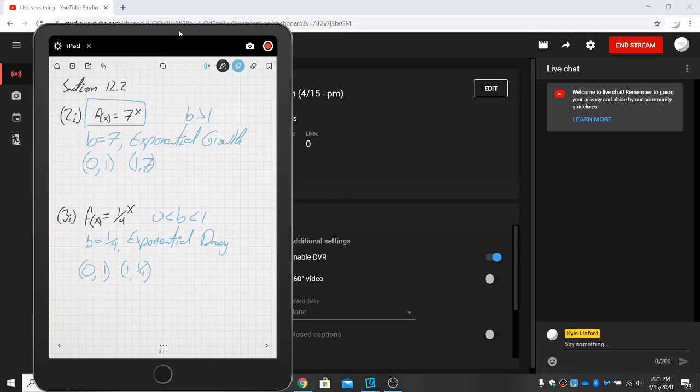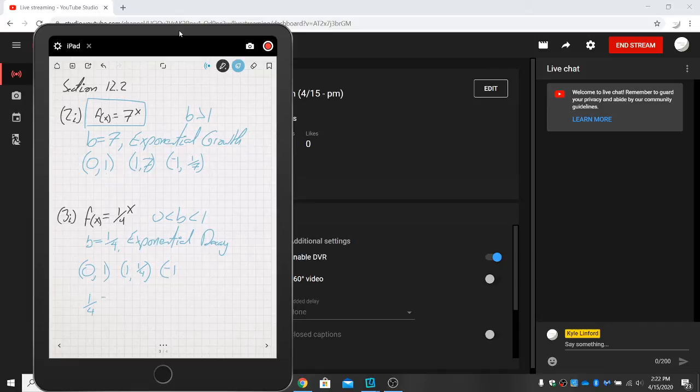Now, it might also be helpful to go in the opposite direction. Let's plug in -1. What would 7 to the -1 be? Well, remember, that's 1/7 to the +1. That's when we had to actually flip the value around. So -1 would give us 1/7. What about over here? What would -1 give us for 1/4?